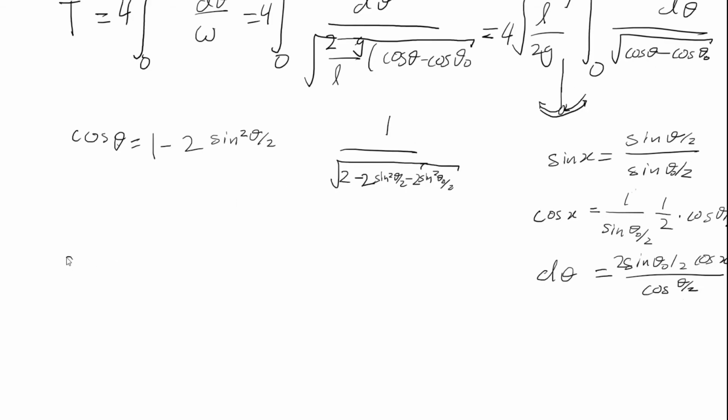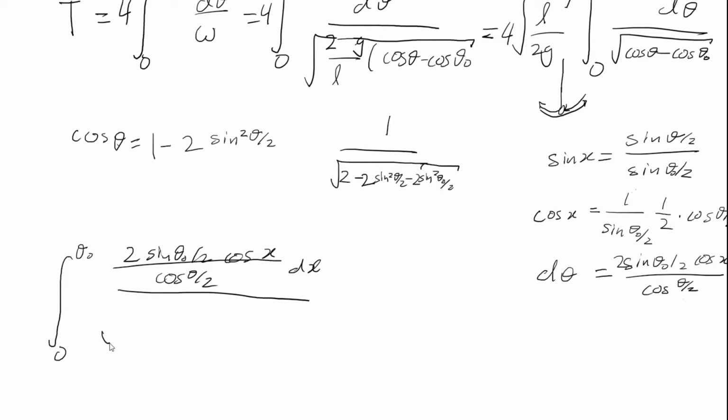We have that the integral is from 0 to theta naught of, let me just write out all that here, 2 sine theta naught over 2 cosine x divided by cosine theta over 2 dx, and we're going to divide that value by the square root of 2 minus 2 sine squared theta over 2 minus 2 sine squared theta naught over 2.